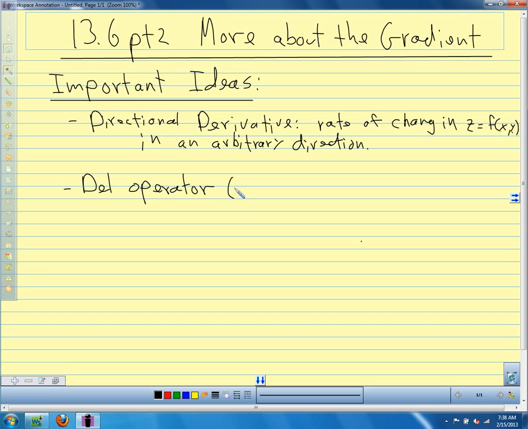The del operator is also called nabla. And we define the del operator as d/dx i plus d/dy j, and if we had a three variable function, or if we're working with more variables, we'd have a plus d/dz.